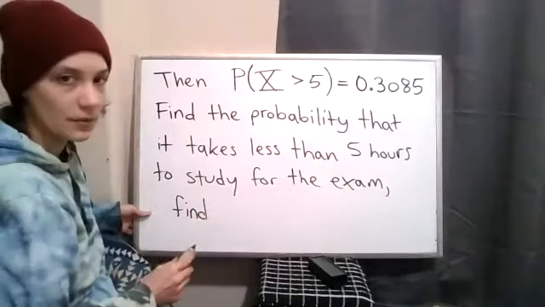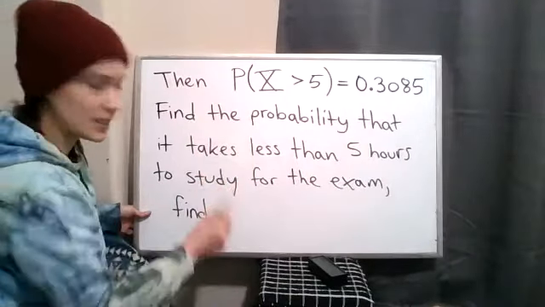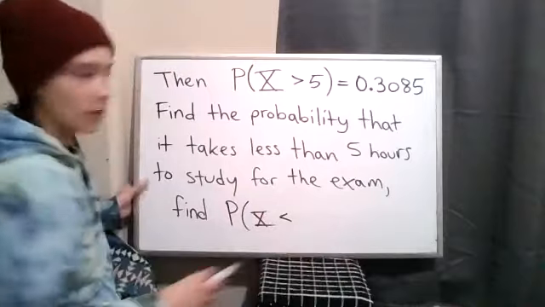Okay, so it's going to say find something like the probability that it takes less than 5 hours.